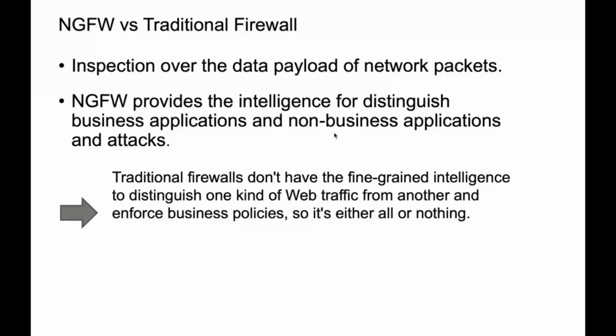For traditional firewalls, we have to configure a rule to allow the traffic to go from my PC to the server, and another rule to permit the traffic from the server to my PC, even if it's part of a previously established TCP session, for example. That's basically the main difference between a next generation firewall and a traditional firewall.